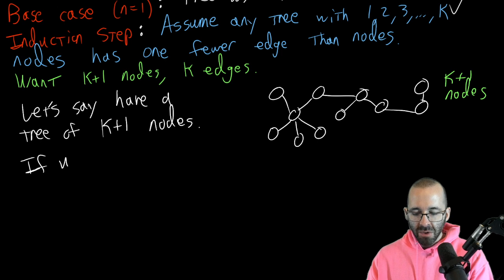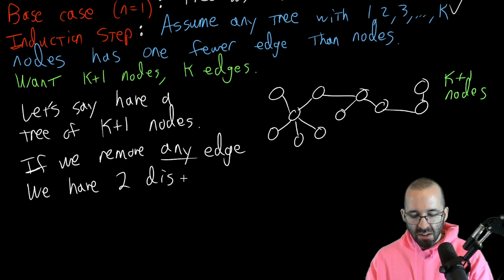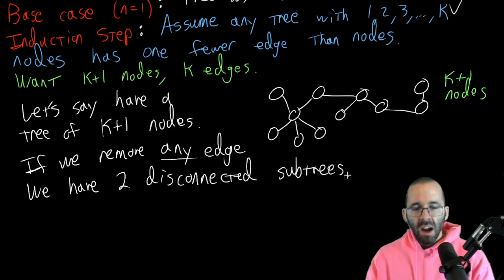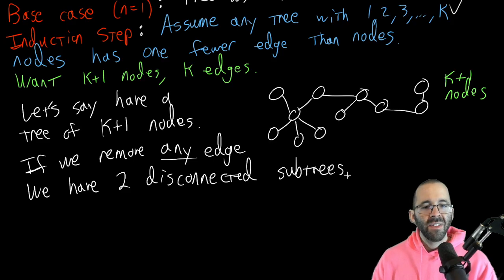So if we remove, and the important part is that we're removing any edge, right? Then we have two disconnected subtrees. And the question is, how many edges do those subtrees have?